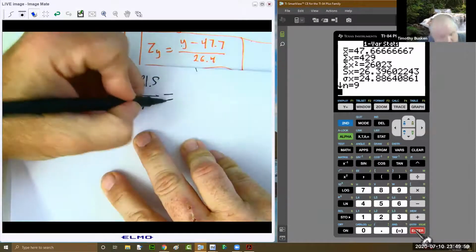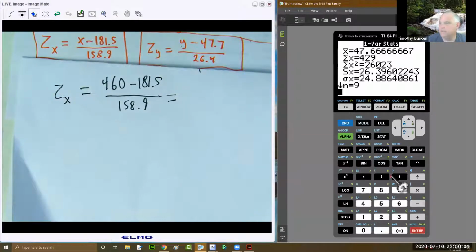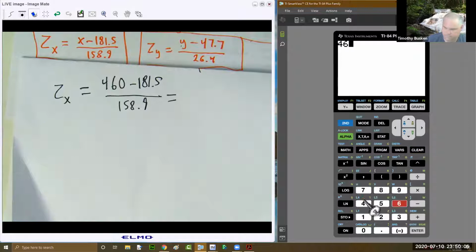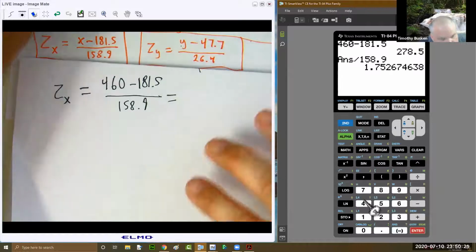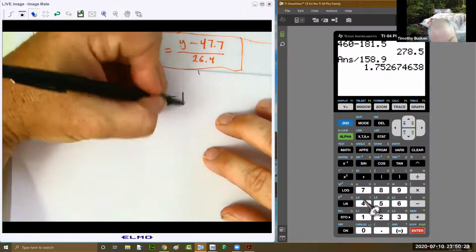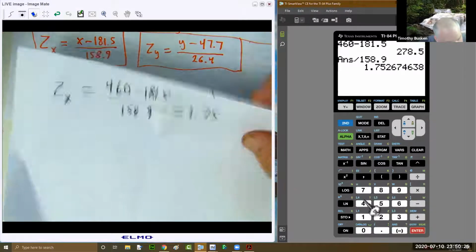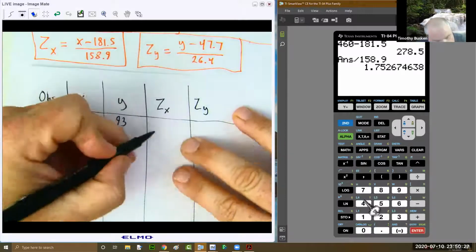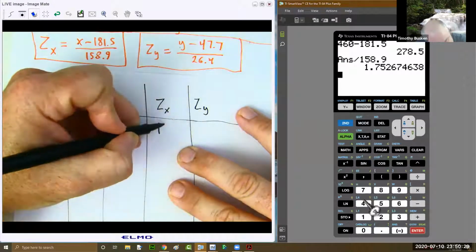Okay, so we'll do the math on that to get the z-score of 460. And you can see it's about 1.75. So back to my table, that means this number is 1.75, the z-score.